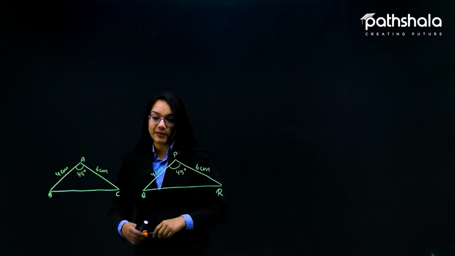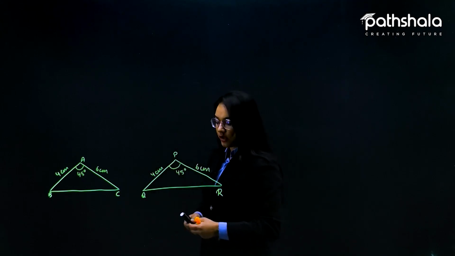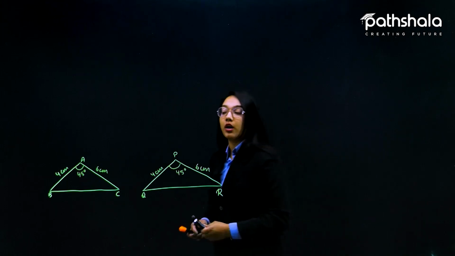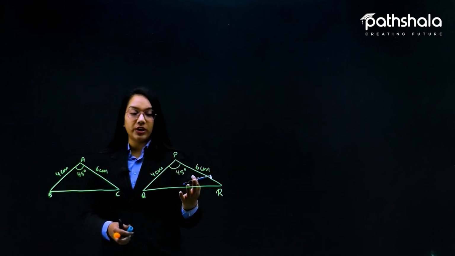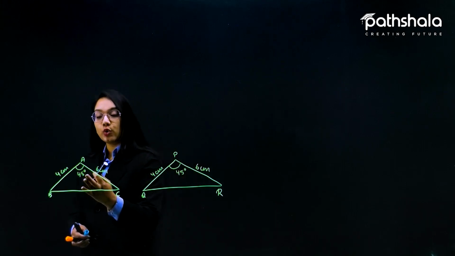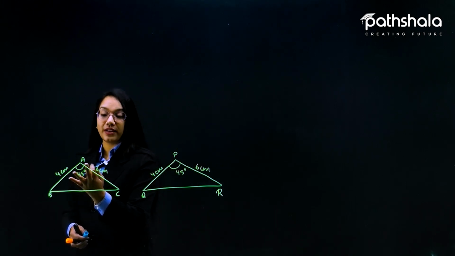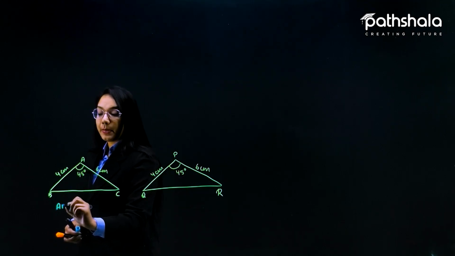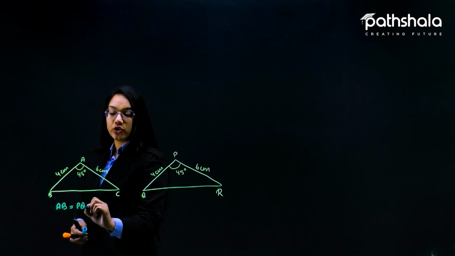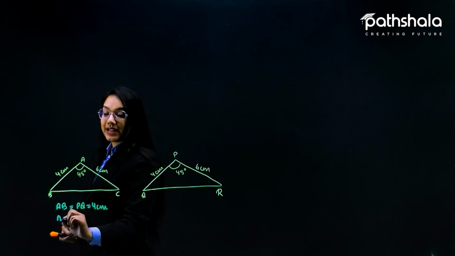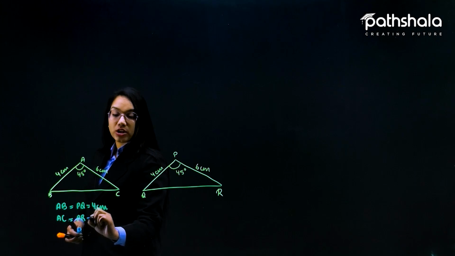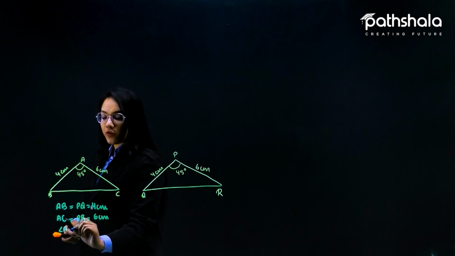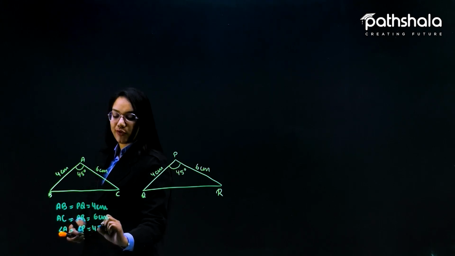Do you observe that in these two triangles, two sides are equal to each other, and the included angle, which means the angle in between the two equal sides, is also equal? You can see that AB is equal to PQ, which is 4 centimeter, and AC is equal to PR, which is 6 centimeter, and angle A corresponds to angle P, which is equal to 45 degree.